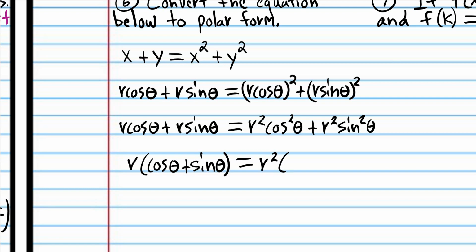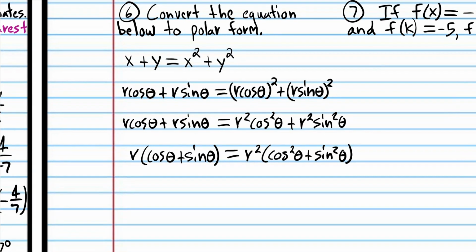Then I'm going to factor out r squared in the right side of the equation. Now, it's very important to remember that this expression here is an identity, a very important identity. That expression is just 1. As long as the angle is the same, then that expression is just 1.